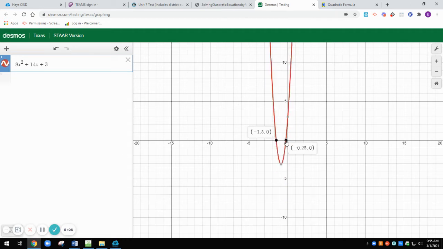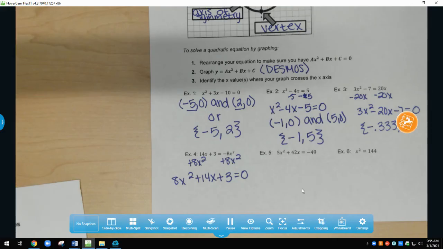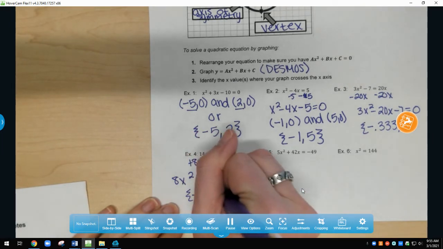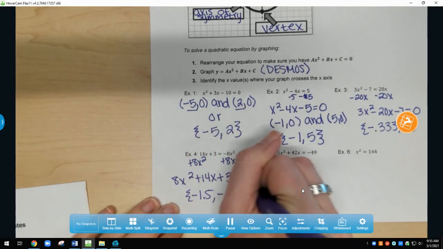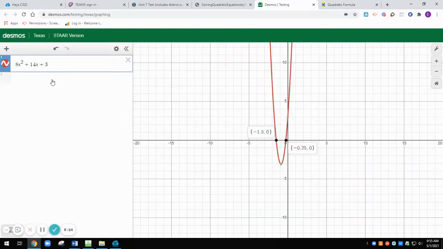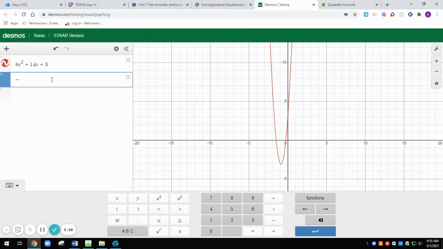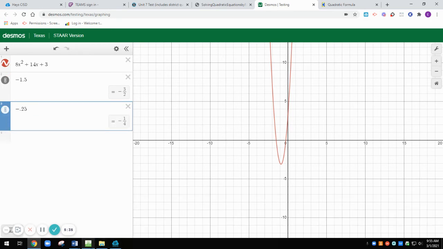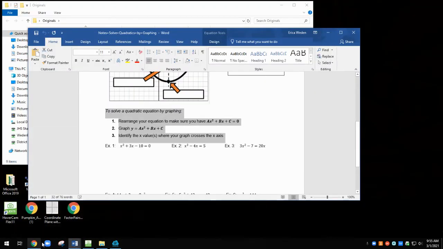So I have negative 1.5 and negative 0.25. Now, if your answer choices were in fractions, all you would need to do is take negative 1.5 and make it a fraction, and same thing with negative 0.25. So another option would be negative 3/2 and negative 1/4.